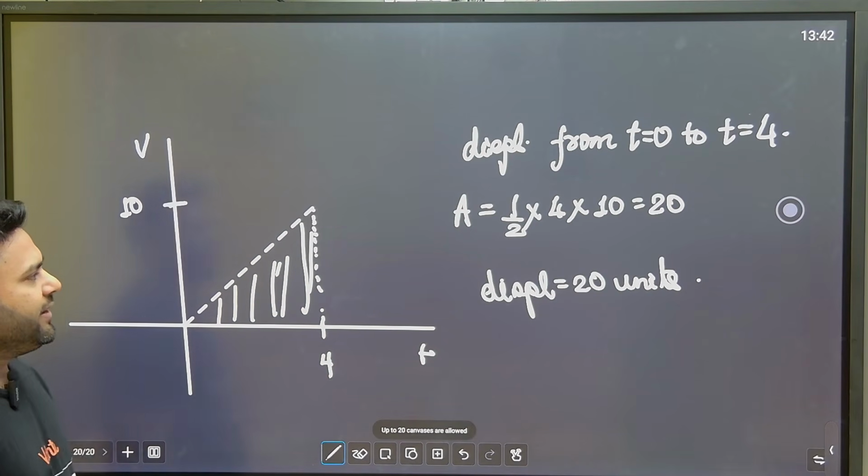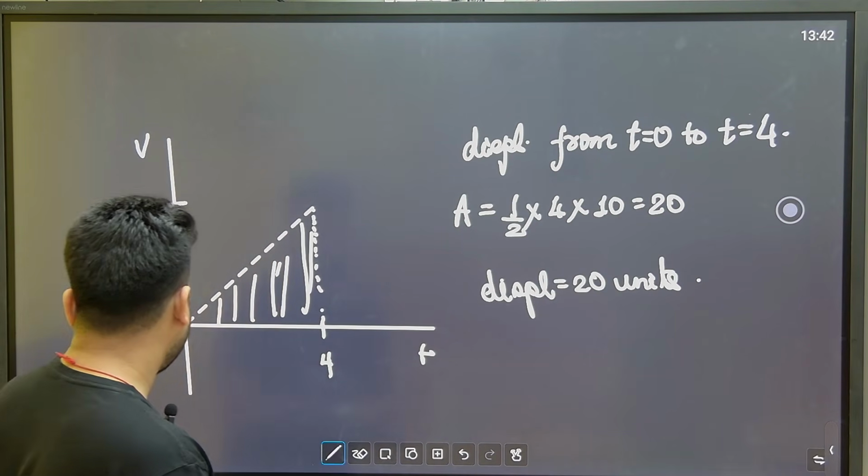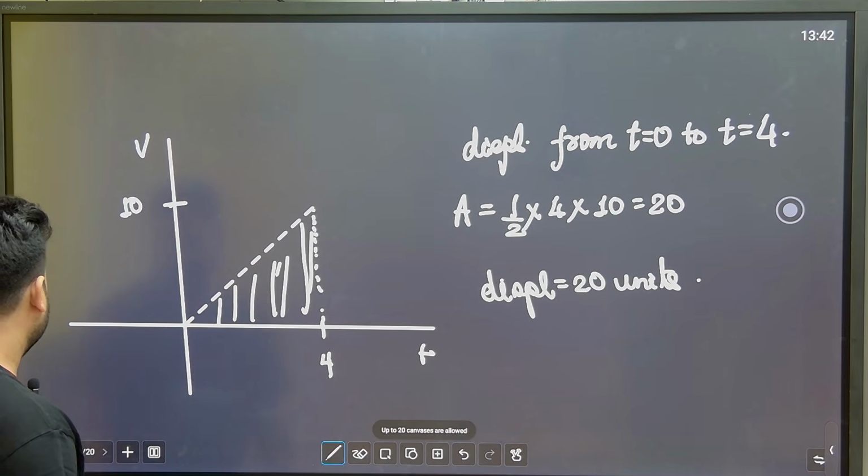Similarly, what we can write? One more concept. We have one more concept. See.